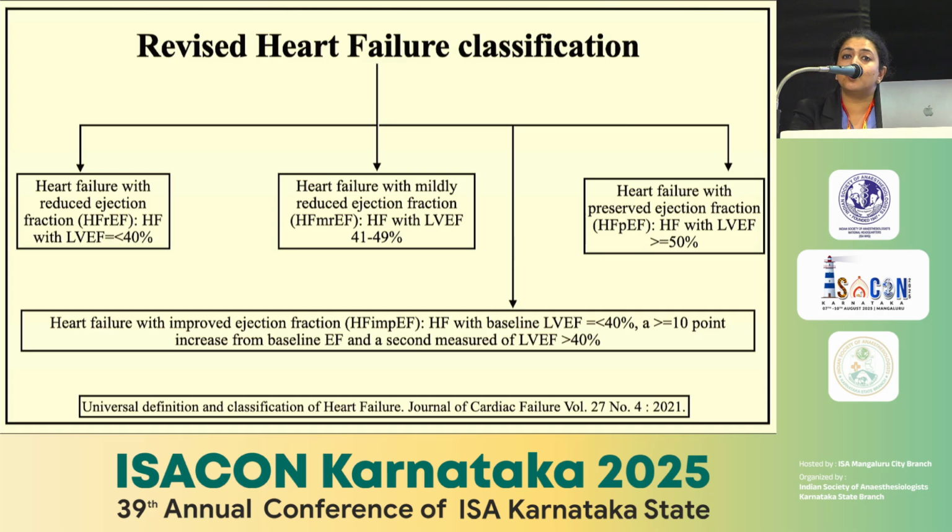They introduced two new terminologies: heart failure with mildly reduced ejection fraction for EF between 41 to 49%, and heart failure with improved ejection fraction for heart failure with a baseline ejection fraction of less than or equal to 40%, a 10-point increase from the baseline, and a second reading more than 40%. They introduced these two terminologies to distinguish severely reduced ejection fraction from mild reductions at baseline, and it provides a trajectory of disease.